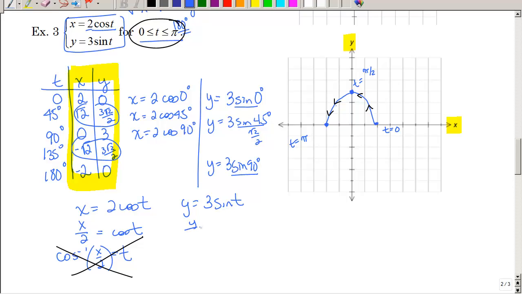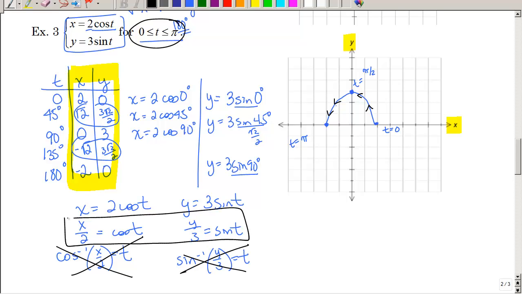If I divide by 3, no, I would have to take the inverse sine and that's just as ugly. Let's not do that. Let's come back up to here. How could I put those together and get rid of the cosine and the sine? Use the Pythagorean identity that relates cosine squared and sine squared.